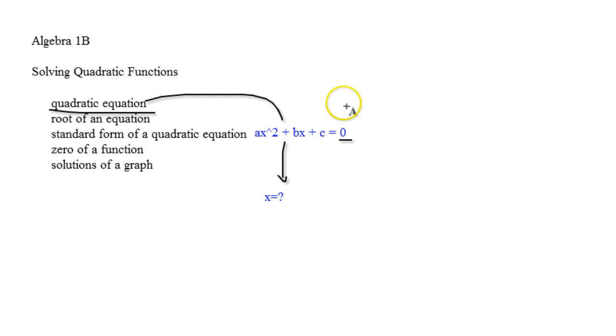Now, if you remember your formula for the height of an object that you throw up in the air, it'd be negative 16t squared plus initial velocity t plus initial height. When working with something like this, if you notice, h of t and 0 are both the same.